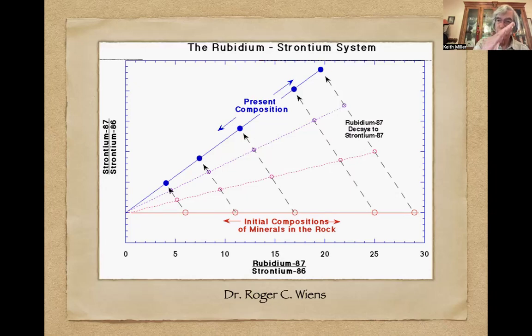So the one ratio drops and the other ratio increases by the same amount. That results in, at any point in the history, all those concentrations always lining up to form a straight line. And the older the rock is, the more rubidium is decayed, and the more strontium 87 is produced. And that line continually has a higher and higher slope. And that slope, how steep the line is, tells you how old the rock is.